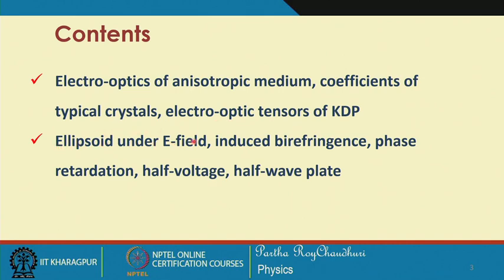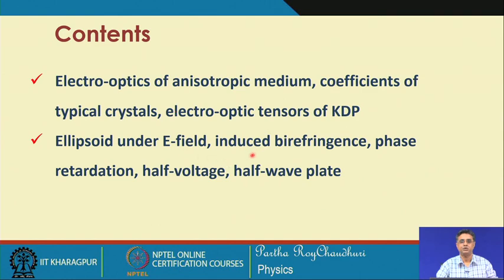Then the ellipsoid under electric field, where we will look at the induced birefringence. Then we will try to evaluate the phase retardation, half voltage, and the action as a half wave plate, and then we will continue this with the anisotropic crystal KDP for longitudinal modulators as well as transverse modulators in the subsequent discussions.